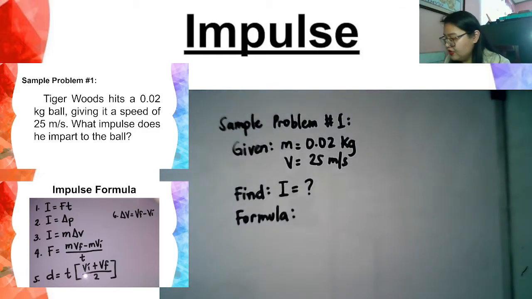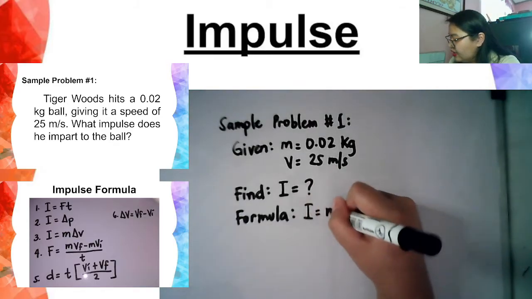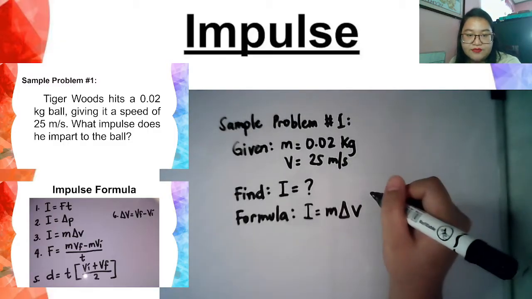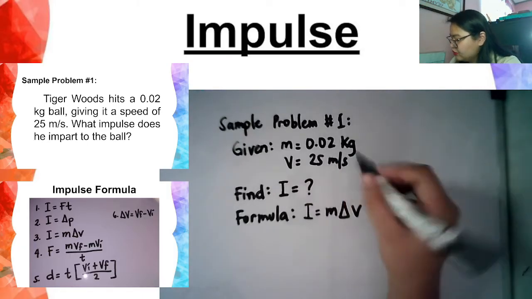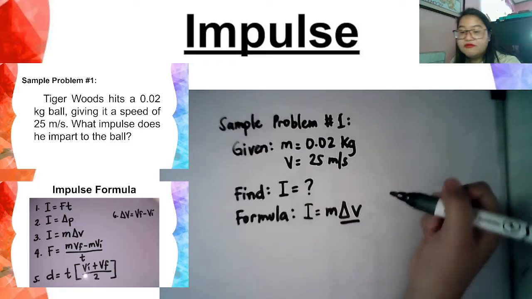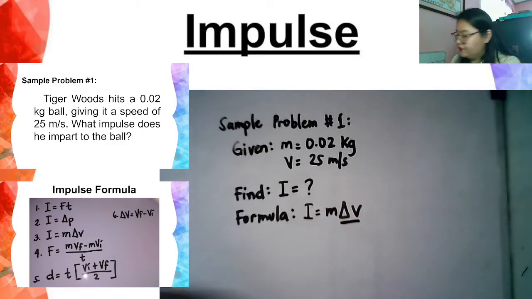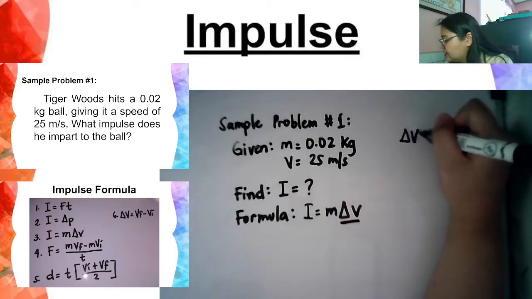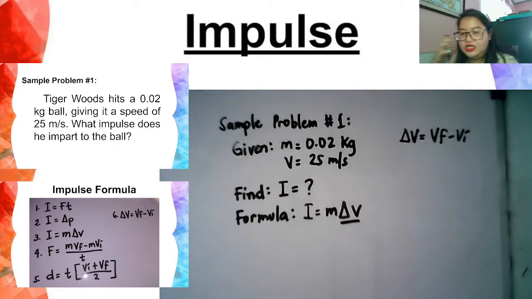But since the given is mass and velocity, we will be using number 3, which is I is equal to M delta V, or the change in velocity. Now, the problem is we have the mass, but we do not have the delta V or change in velocity. So, as you can see in number 6, we have a different formula for delta V, which is the final velocity minus the initial velocity.